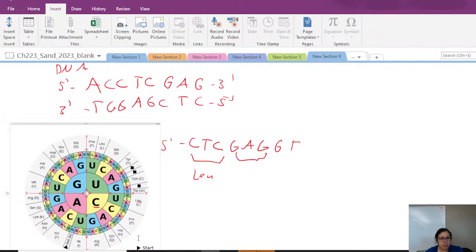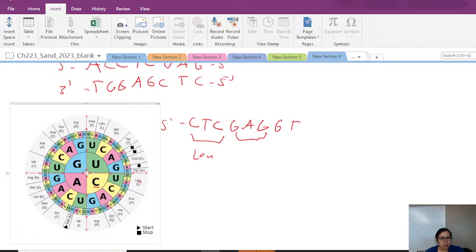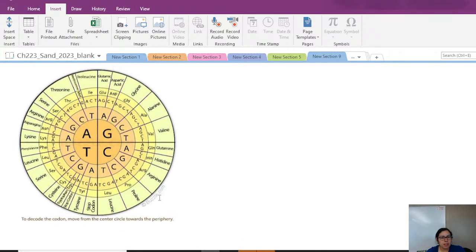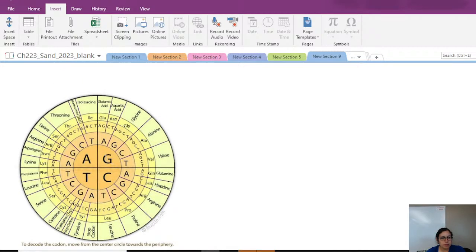And then GAG, start in the center, GAG, and I think I misread that. GAG would be alanine, I think. No, glycine. I can't read these.